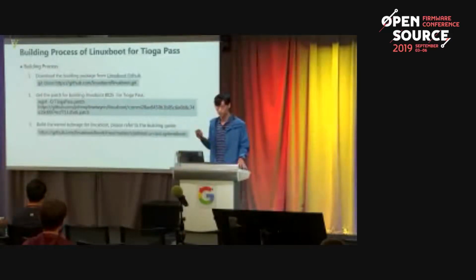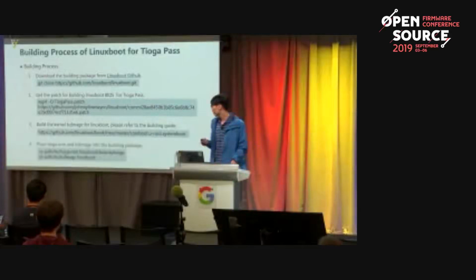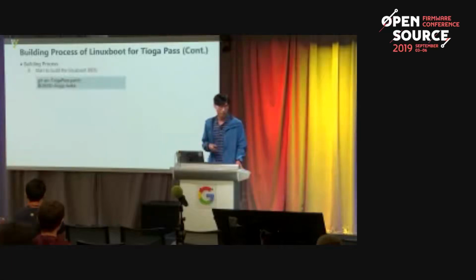You can refer to the building guide. Fourth, place the UEFI BIOS of Dialog Path and base image into the building package. Fifth, start to build the linuxboot BIOS, and you can get the linuxboot BIOS at this path.